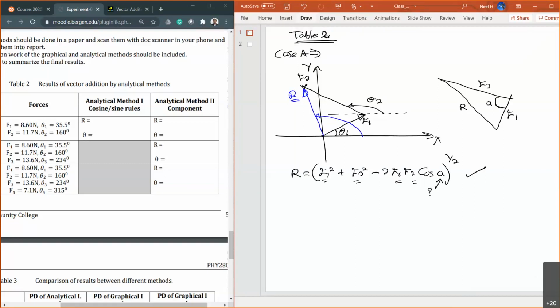So we're not going to draw anything here. All the drawings we do here are just to visualize the problem. Now again, the cosine sine rule can have only two vectors. You can't do anything more than that, because that must complete a triangle. So you apply this rule for a triangle. That's the idea.